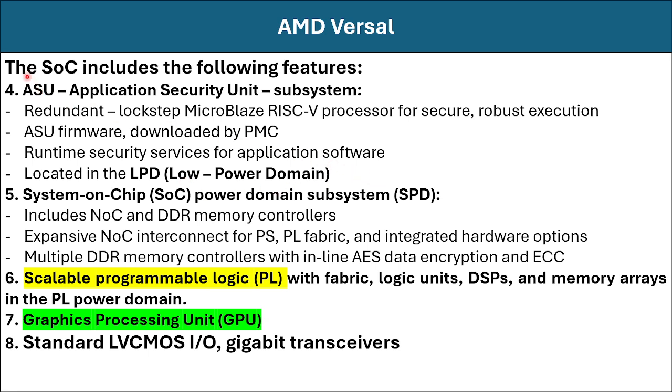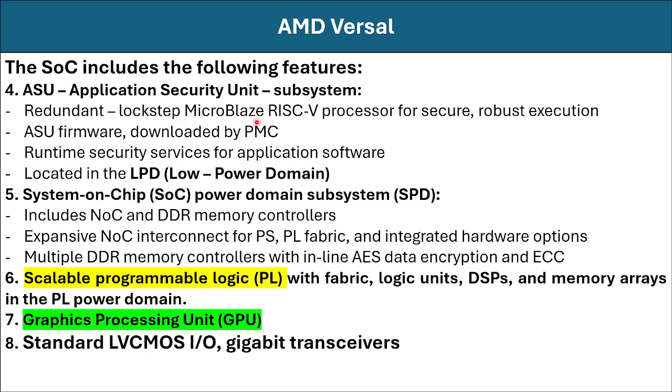Also, beside that, the system on chip includes the following features. ASU, or Application Security Unit subsystem. We will see in one diagram these different units inside the device, how they are put in a frame, and the main functionalities.